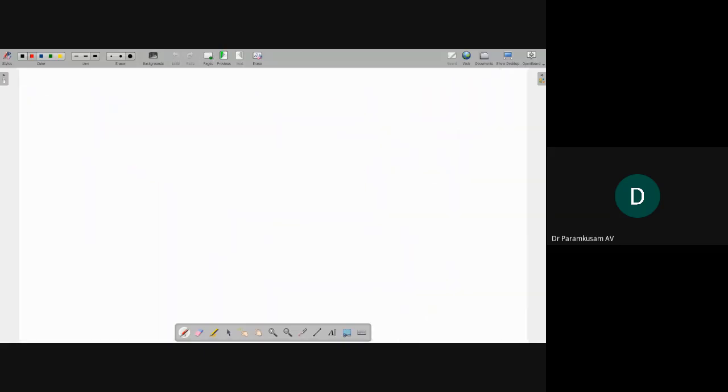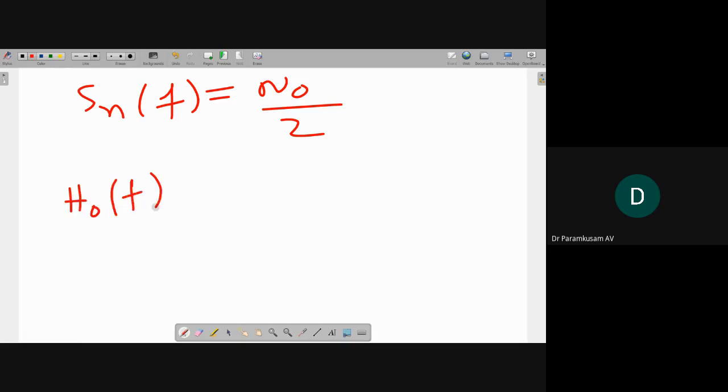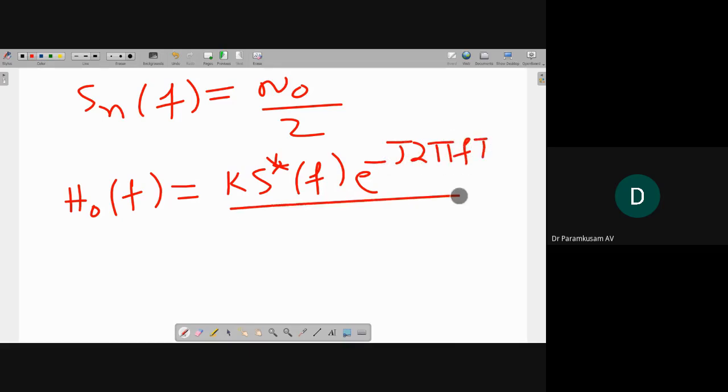Where Sn of f is equal to n naught by 2, the power spectral density of the noise signal. Then H naught of f is equal to k into S star of f e power minus j 2 pi f T divided by n naught by 2.